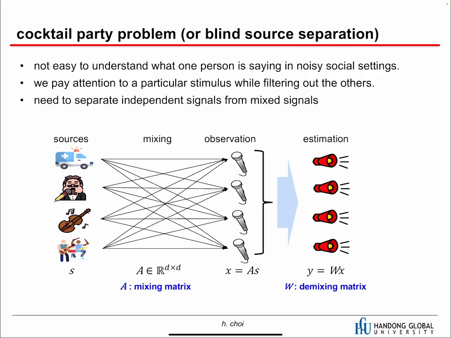Before talking about some other kinds of algorithms, I want to talk about the cocktail party problem, or blind source separation. For example, in a cocktail party, there are a lot of people talking at the same time, but when you talk to your partner, you can understand what he says, right? Because we can focus on him, or we can separate his voice from other background noise or other people's speech signals.